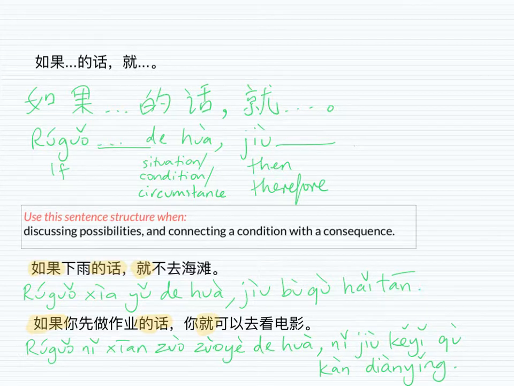And reading for meaning there, we have got, if you first do your homework 的话, so if the case is that you do your homework first, you then can go to see a movie.